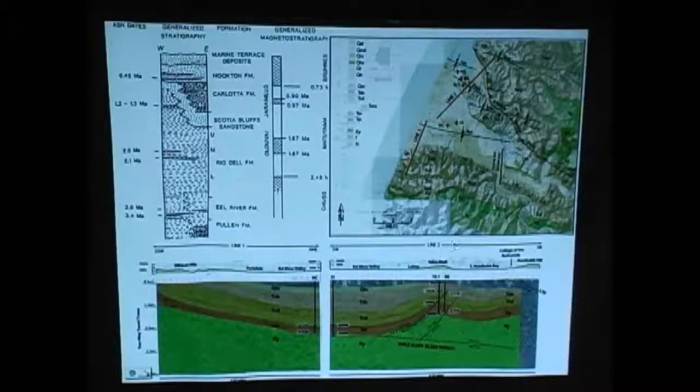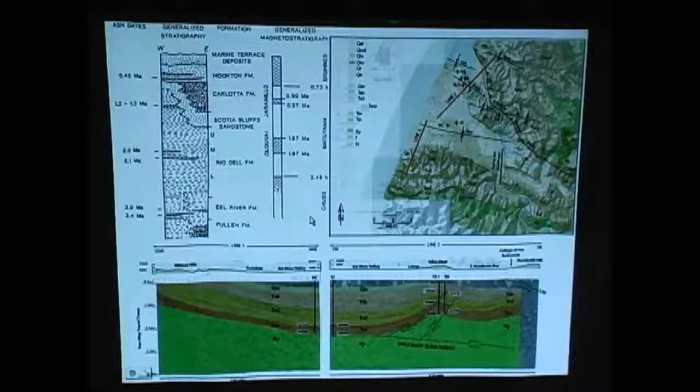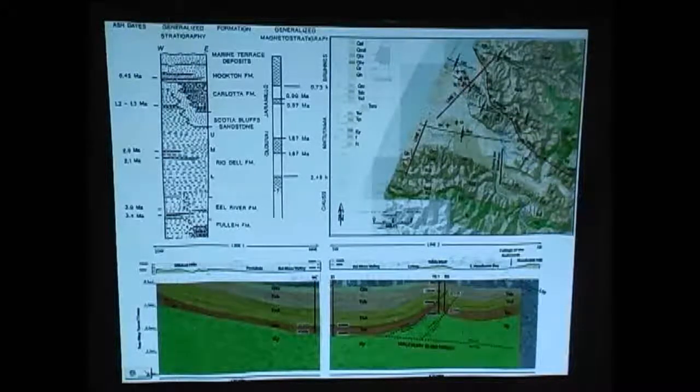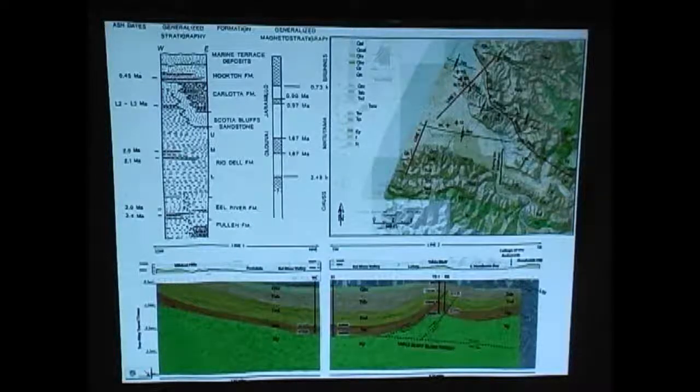So originally, the Wildcat Group was a blanket of shelf sediments which covered the coast ranges, all the way down to Garberville and all the way up to the Weimar. The Weimar is part of the Wildcat Group, in essence. And as the Mendocino Triple Junction migrated northwards, the Wildcat Group rocks have gotten deformed and uplifted.